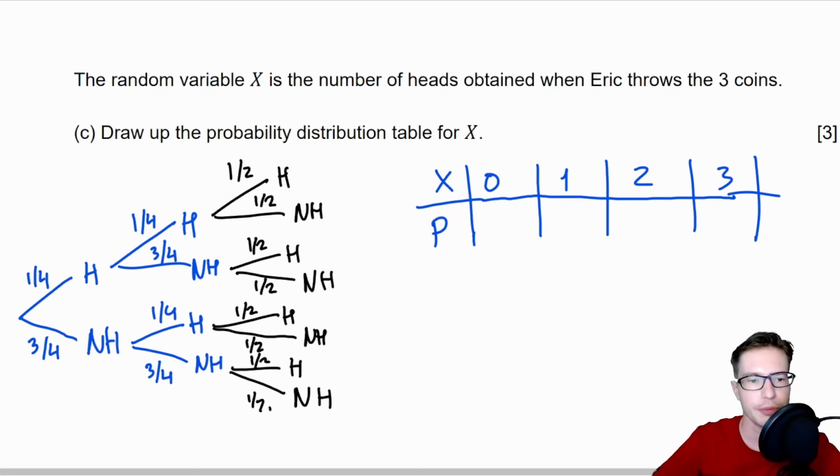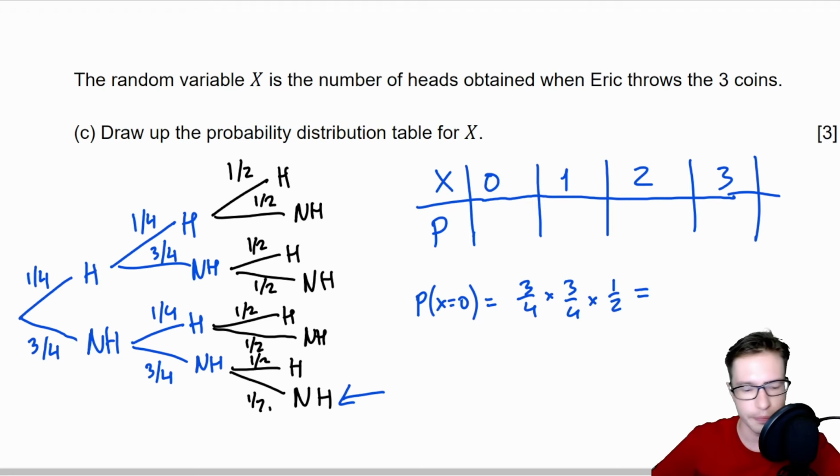Now we'll have to calculate each probability. So for the first one, I have only one scenario. That equals 9/32.